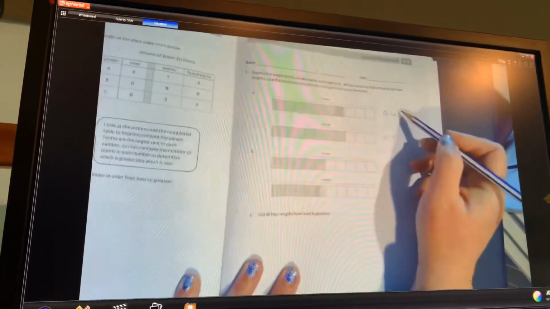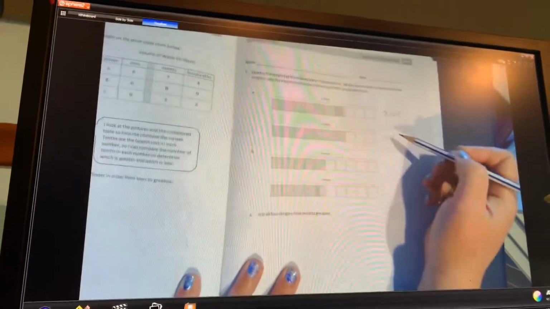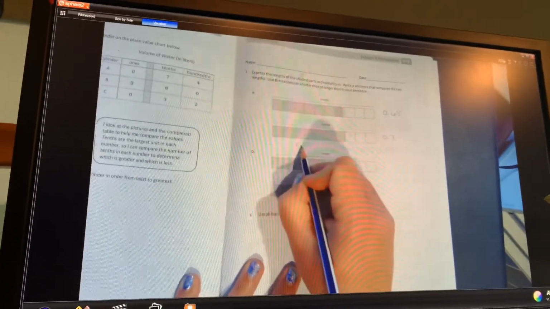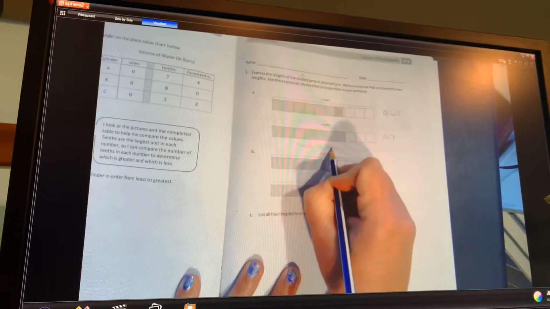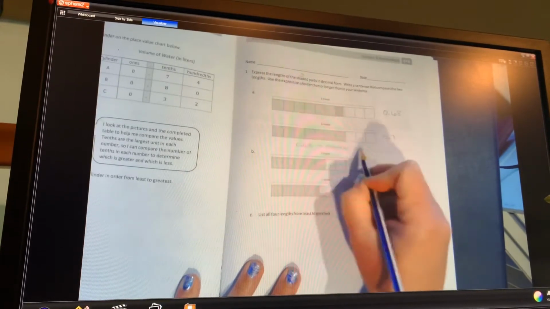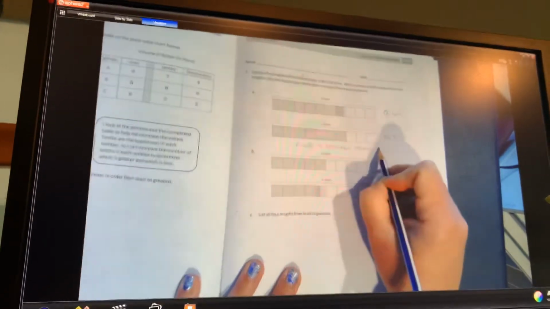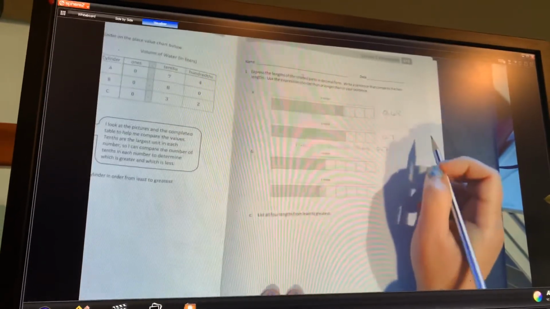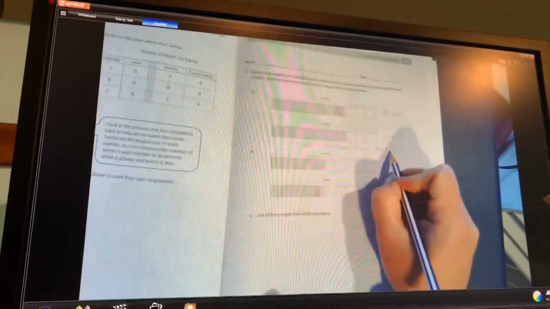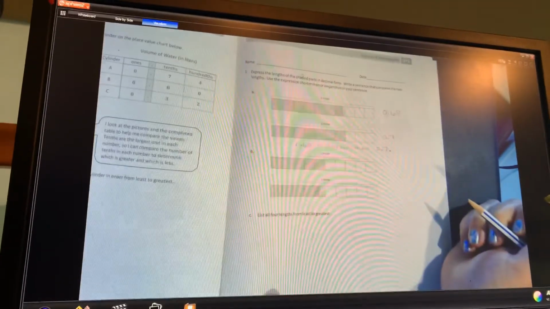So if we need to compare these, I would say that 68 hundredths is shorter than 7 tenths. Wouldn't you agree? And we can put a period at the end of that sentence.